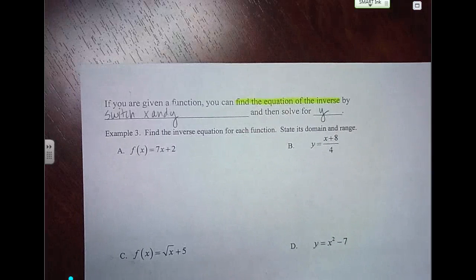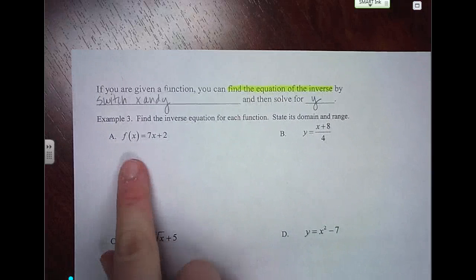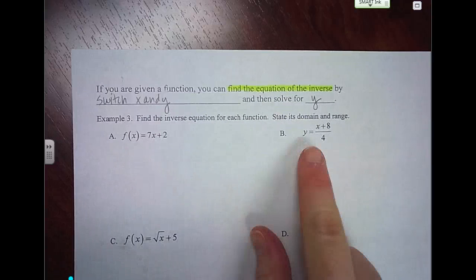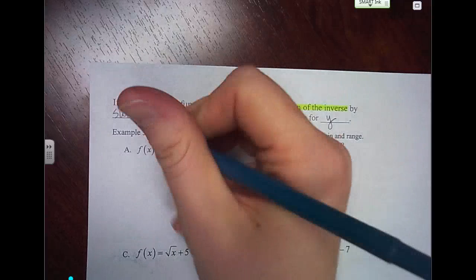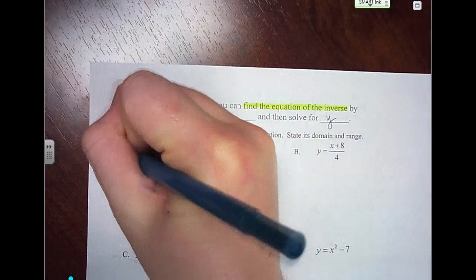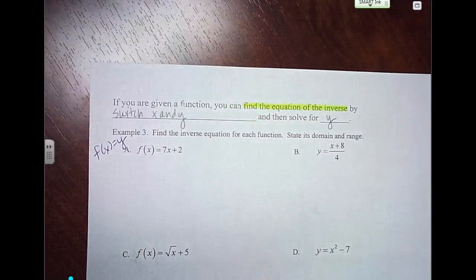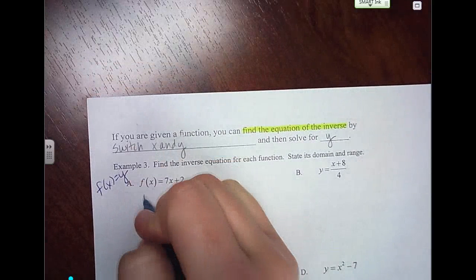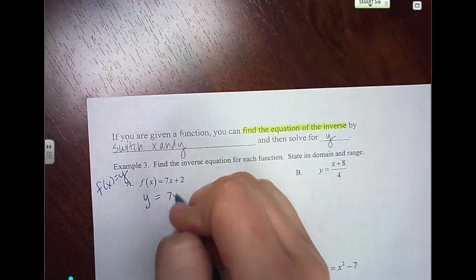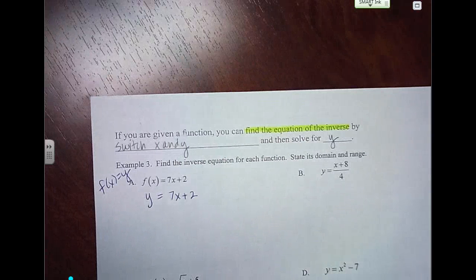Most of our equations right now, like this one, are f of x. F of x is the same thing as y. So what I would recommend first is go ahead and change this f of x to a y. So y equals 7x plus 2. Okay, so that's our function that we're starting out with.